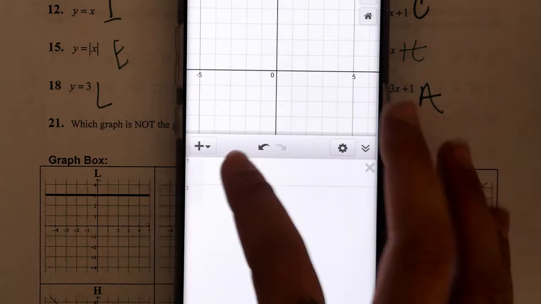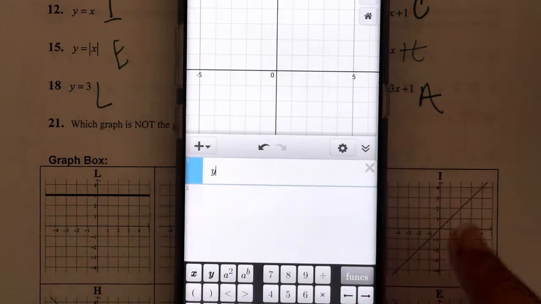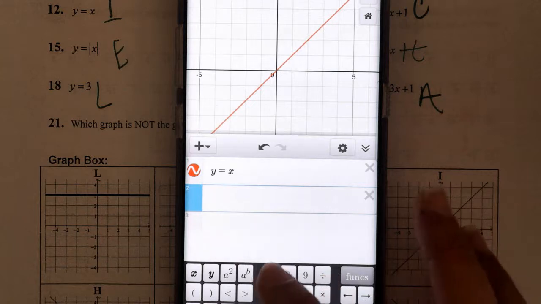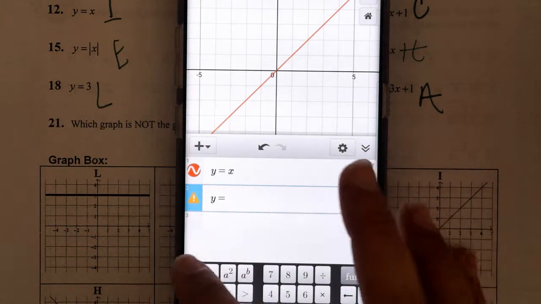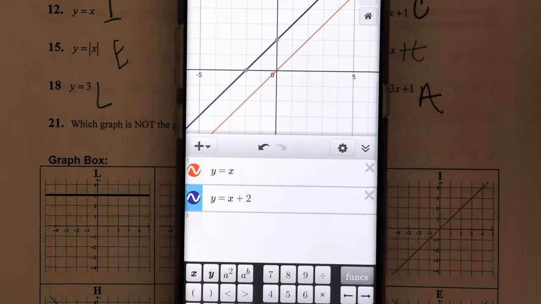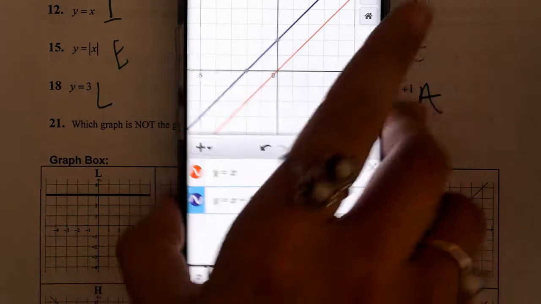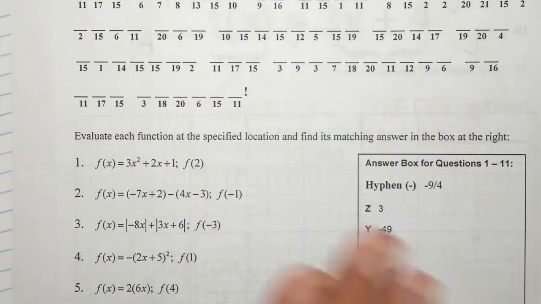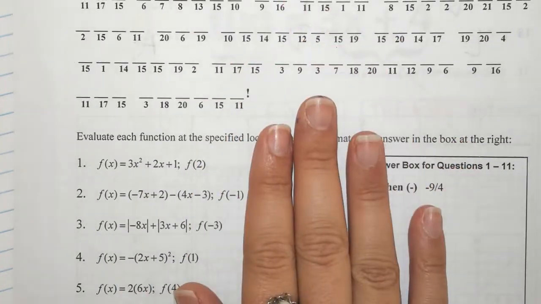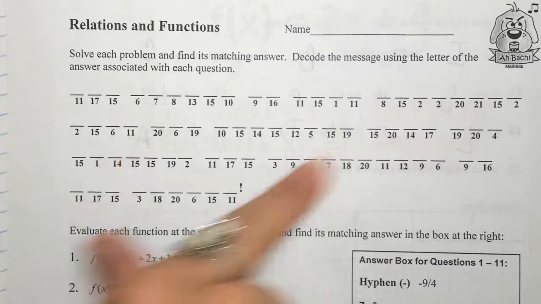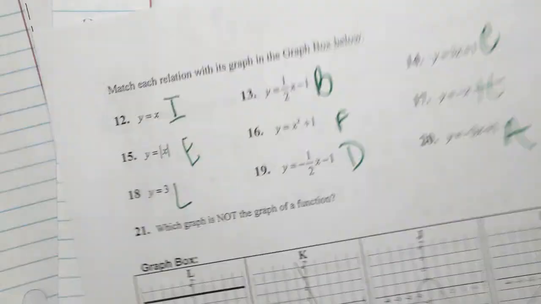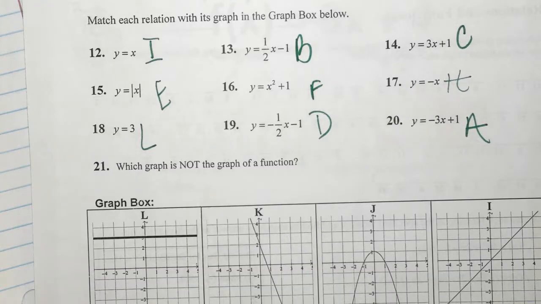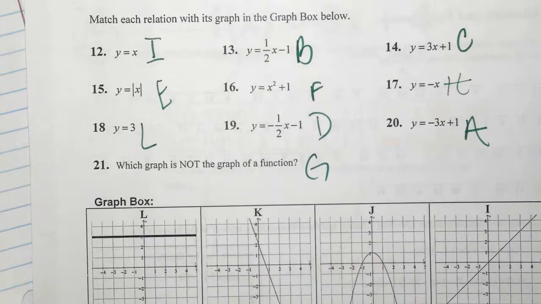You can also graph more than one function at a time. So if I wanted to graph y equals x, and I wanted to see what happened with y equals x plus 2, that moved it up 2, right? Isn't it magic? Yep. So now I want you to finish the front. You need to plug those in. Read the directions. You can also fill in your letters up here. We answered 12 through 21, correct? So we can fill in those letters.